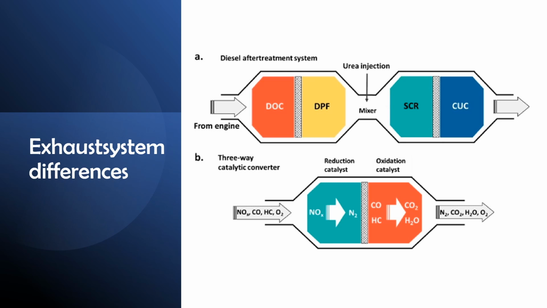In diesel cars, you need a separate oxidation cat and a diesel particle filter and an SCR cat, which is the reduction part. That's the reason why it's also green, and this is also orange. In this diesel after treatment system, the same reactions are going on, but separately.